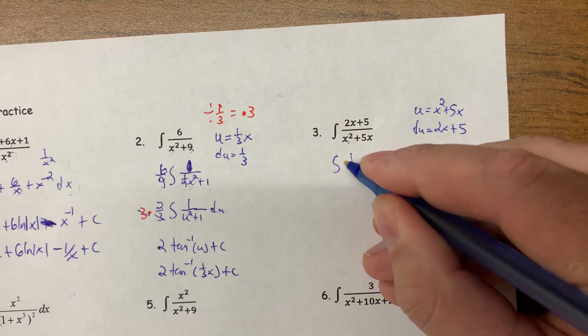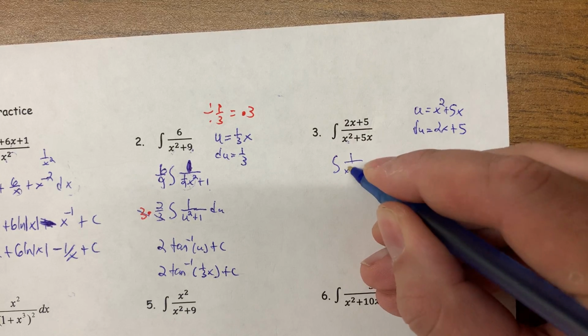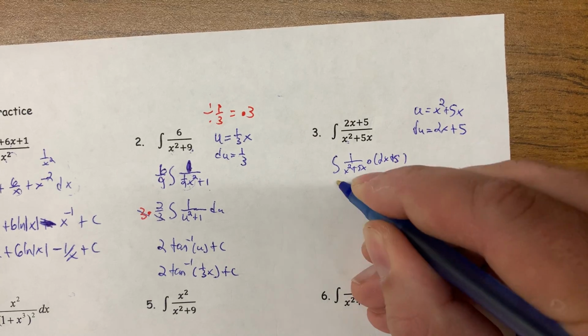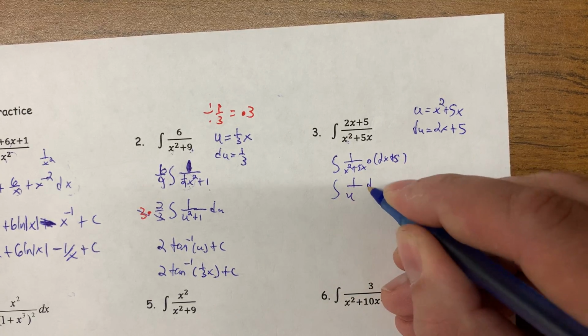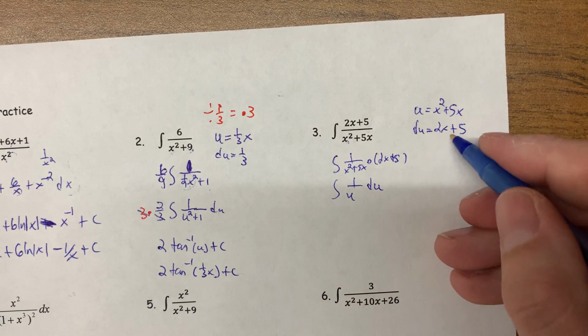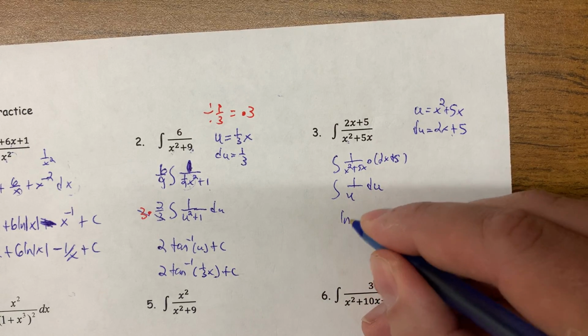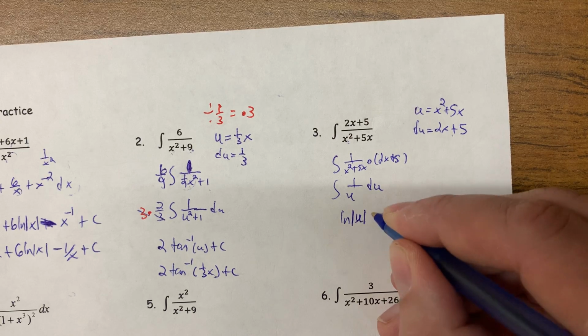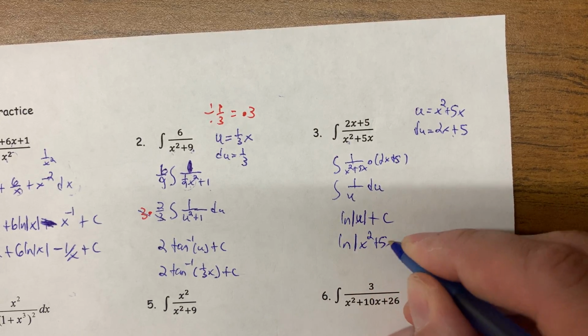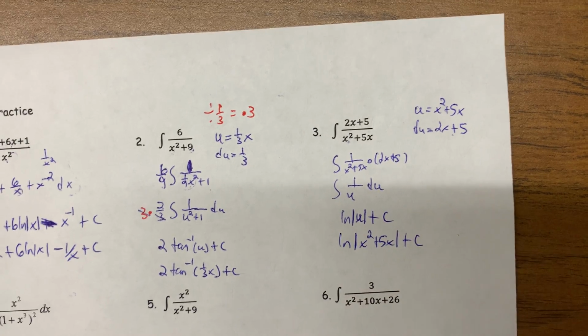So this is the integral of 1 over x squared plus 5x times 2x plus 5. This is the integral of 1 over u du. Great, guys, we can just do it. This is a u substitution. This is natural log absolute value of u plus c. So natural log absolute value of x squared plus 5x plus c.